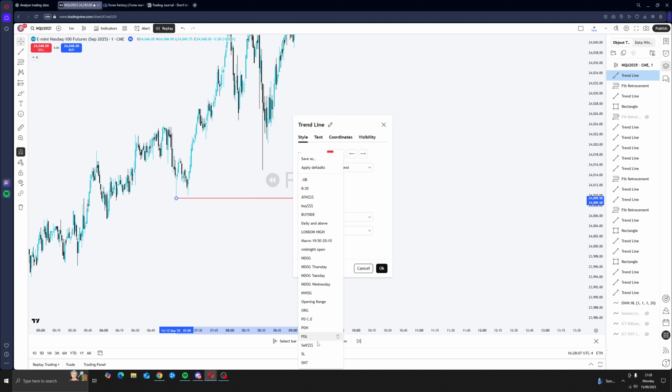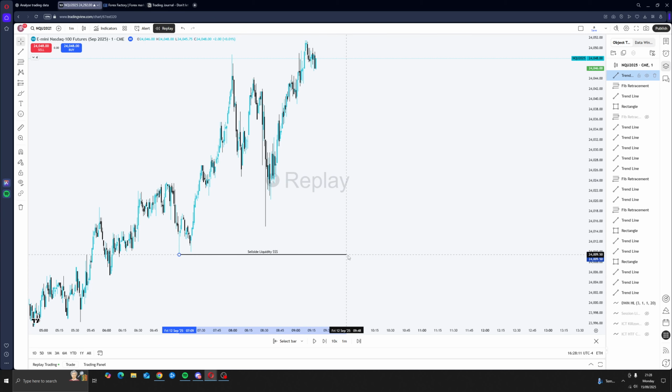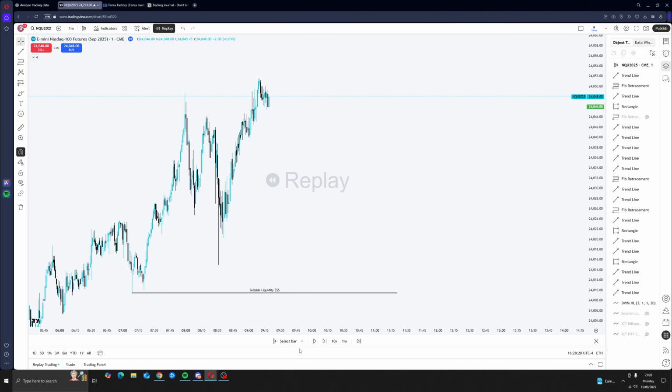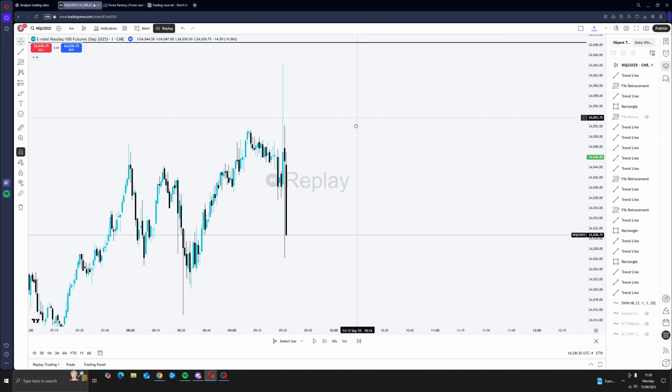And we need also the initial liquidity. So what's the lowest low between 7? Okay, that's the one. Highest high is right there. So let this play out for a second. We just need market open. That's not market open yet. Okay, that's market open.